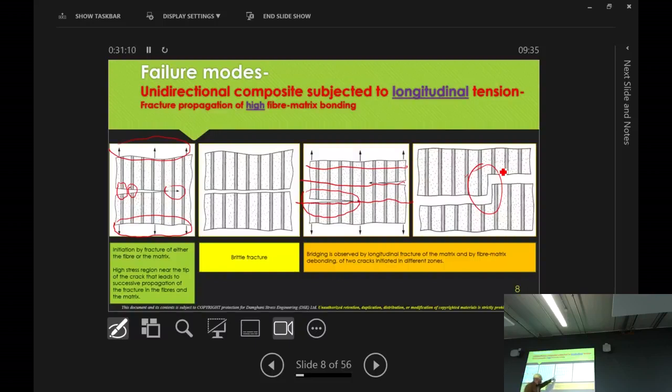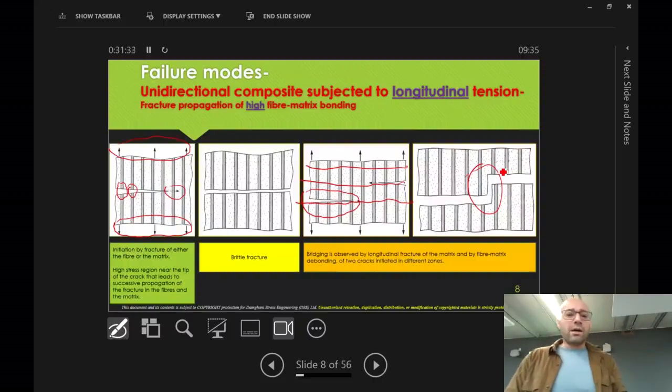You could also have one plane there, gets connected through the matrix, as you see here. So it comes up to here, fractures this fiber, fractures that fiber, and from that point to that point, they get connected. They call it bridging, when you've got cracks at two different planes, and they just join up. And that's the fracture phenomenon for high fiber matrix bonding.